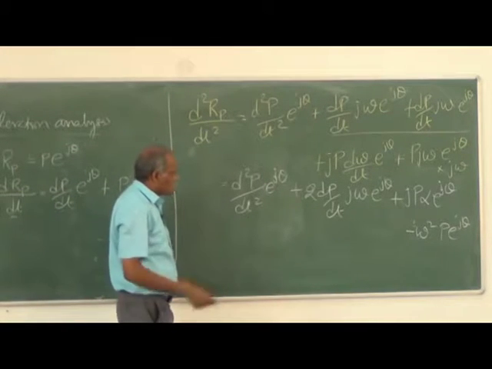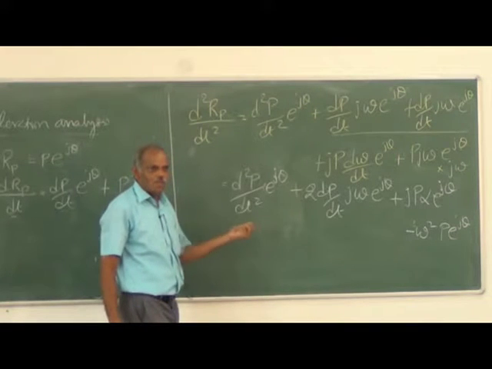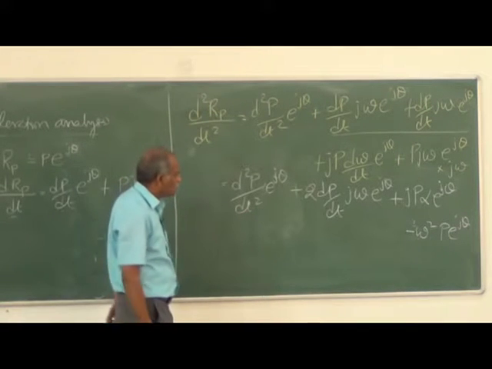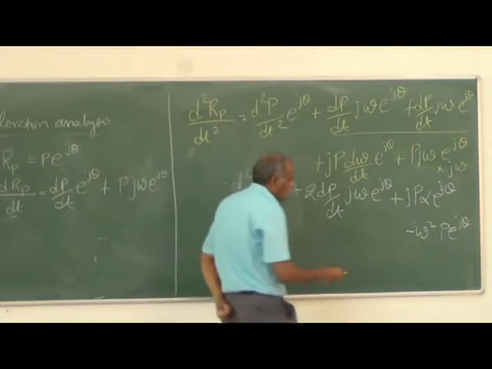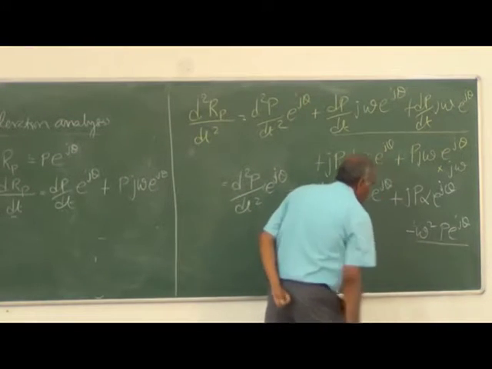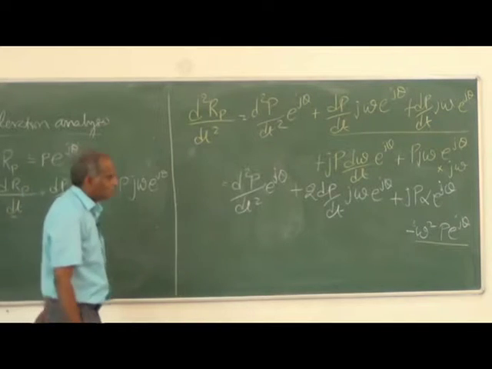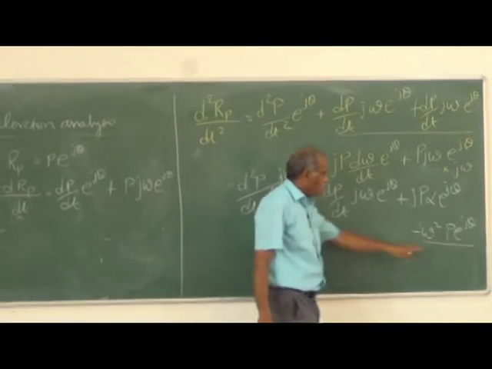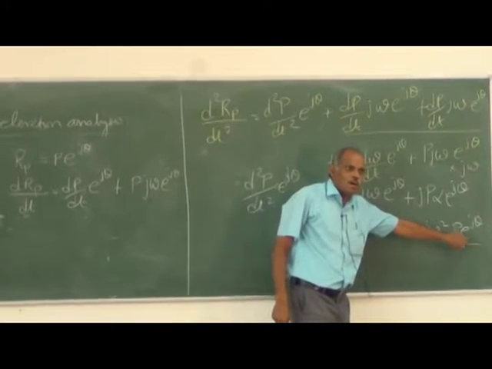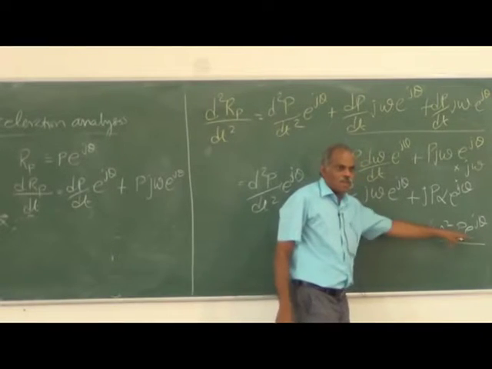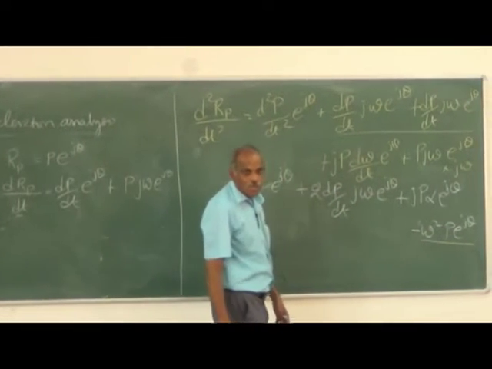So what are these terms? Some of them have their own name. You can see this particular term, omega square p e power j theta, is nothing but your position vector rp times omega square.